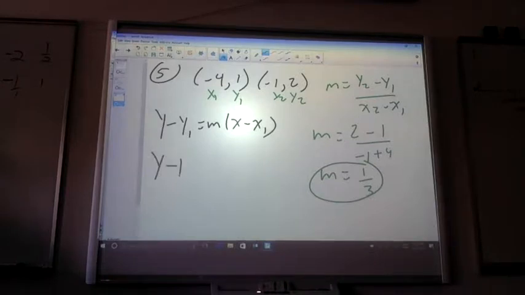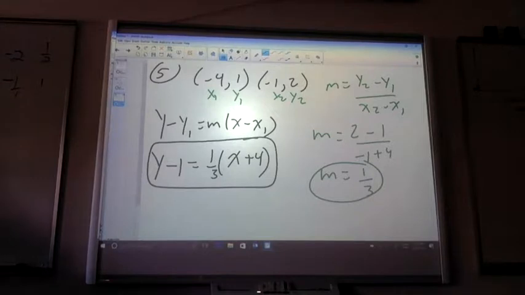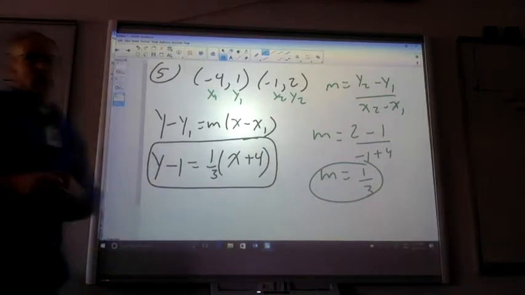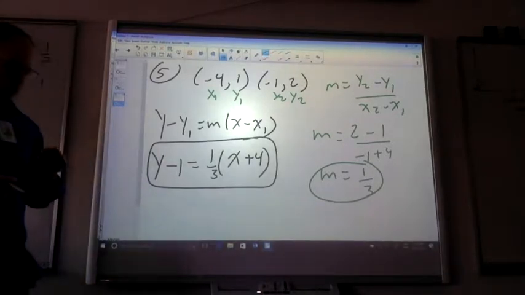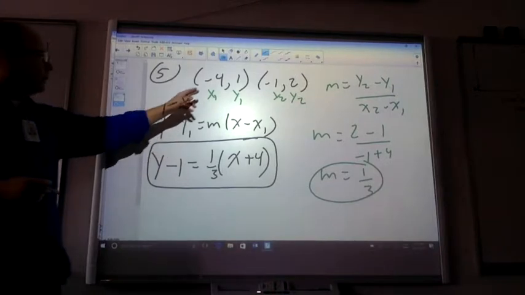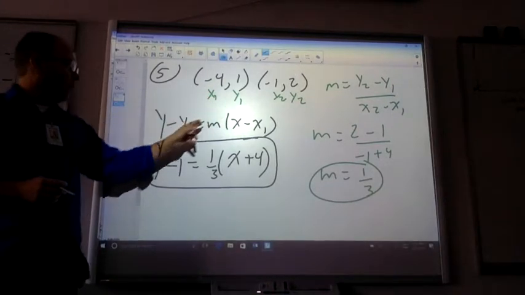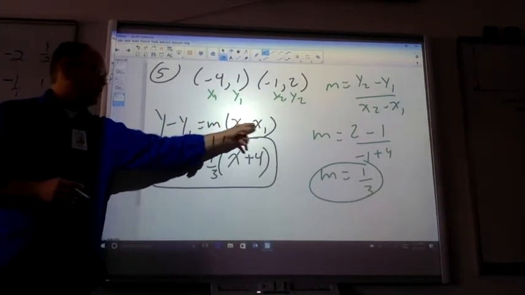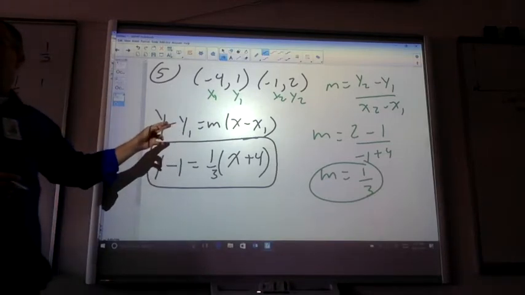So I have it labeled like this. So that's my answer. Now, here's sometimes is the argument on does this work or not. We labeled this x1 and y1, therefore this x1 and y1 should be the same.